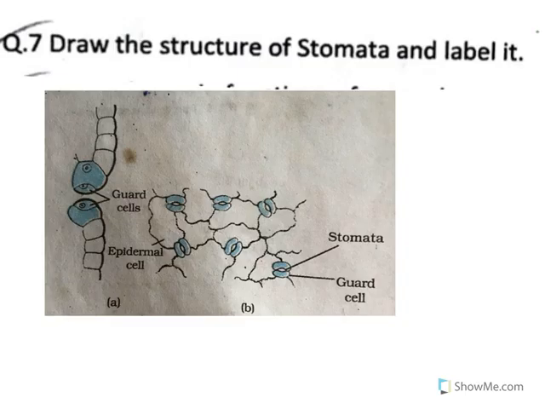Draw the structure of the stomata and label it. Now here we have the structure of the stomata. This part is important. These are the kidney shaped guard cells. Let me just draw. You have to draw it like this. The stomata here is within. This is the stomata, the opening.